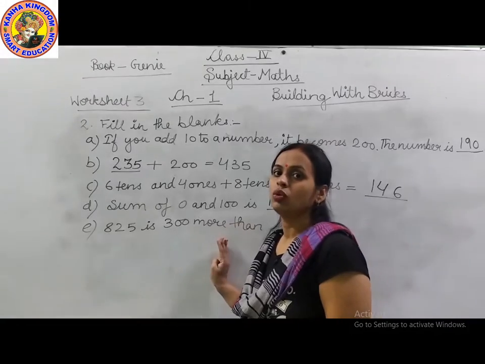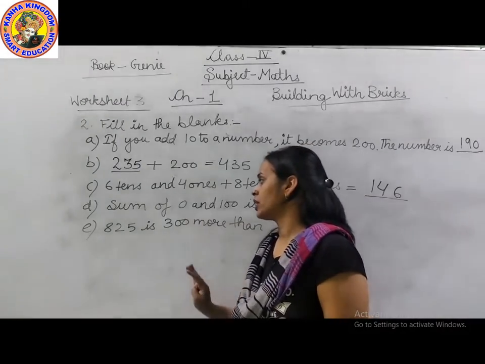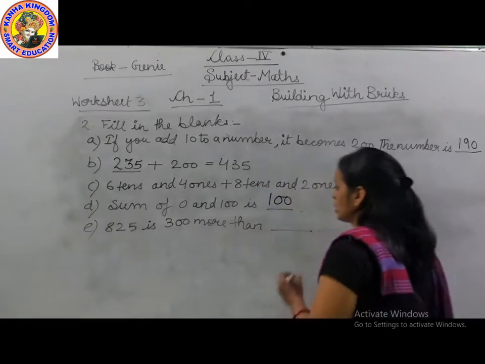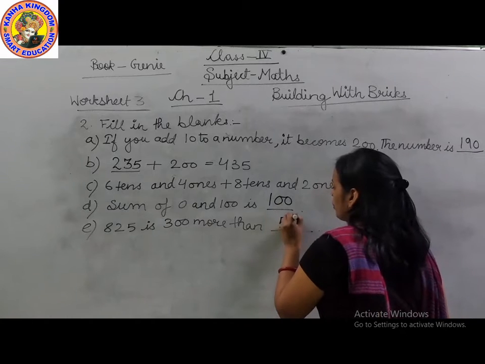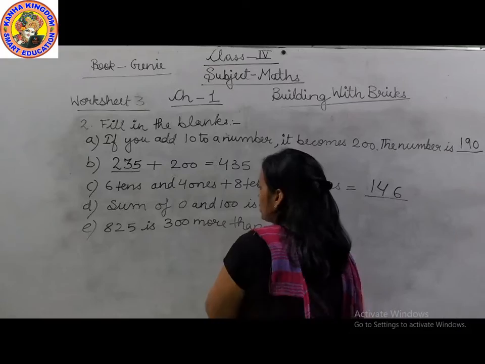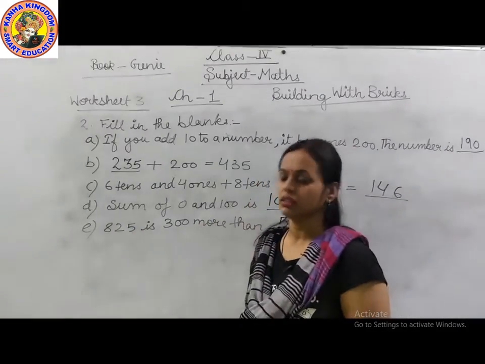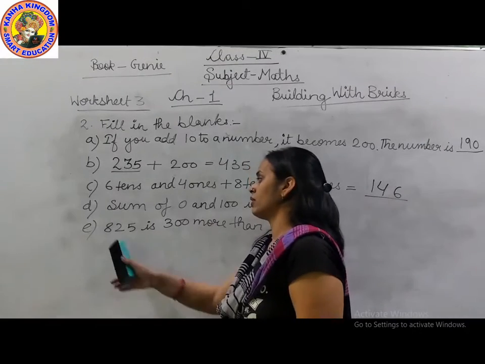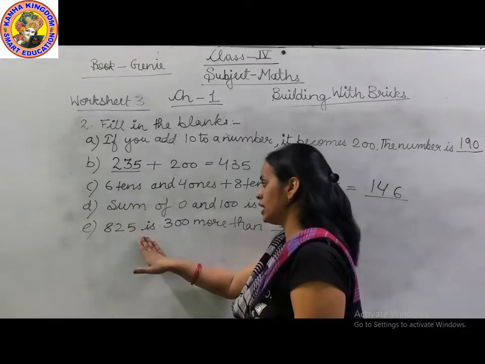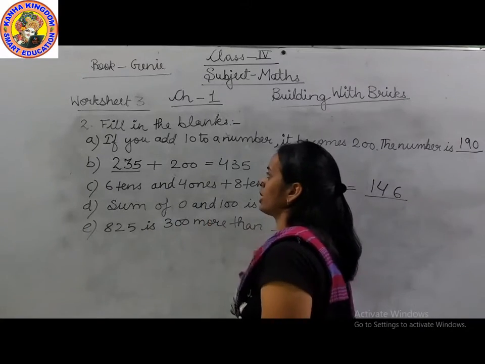So how much do we have to add to 300 to get 825? 525. When we add 525 and 300, we get 825. So 825 is 300 more than 525.